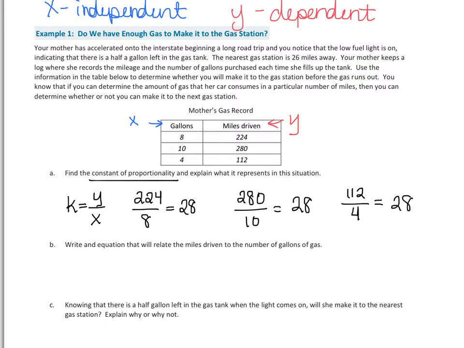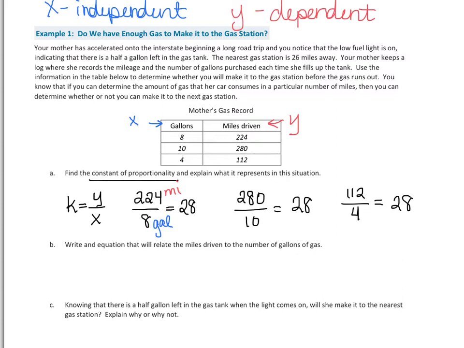But remember, I need to think back to what those numbers actually mean. So 224 represented miles, 8 represented gallons, so 28 actually represents 28 miles per gallon.